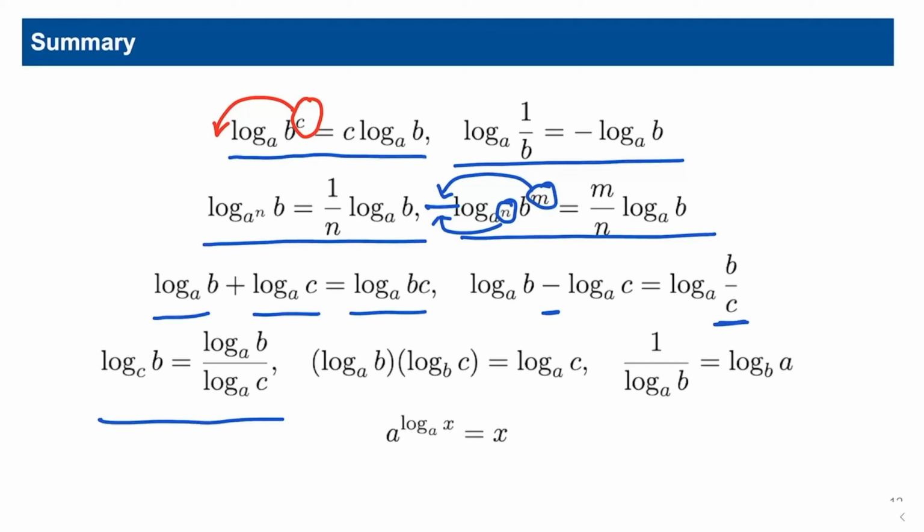This can be used to prove that log base a of b times log base b of c equals log base a of c. Then we have 1 over log base a of b equals log base b of a. We just exchange a and b. Finally, a to the power log base a of x equals x.